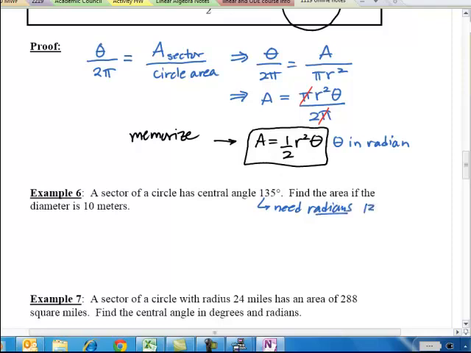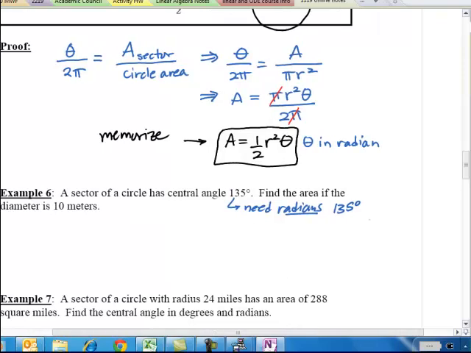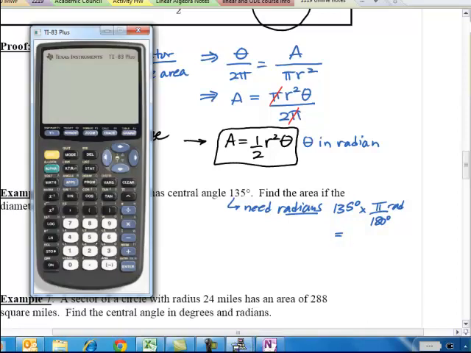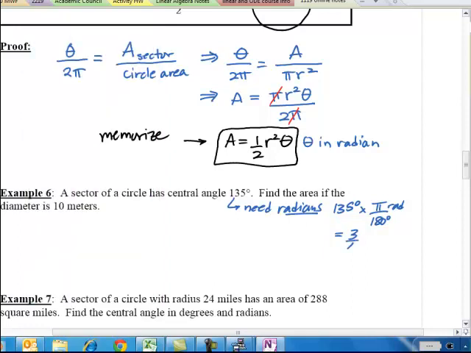So we would convert 135 degrees to radians by multiplying by pi over 180. 135 over 180 is 0.75, so 3/4 pi radians, or 3 pi over 4 if you prefer to say it that way. So that's our theta in radians.